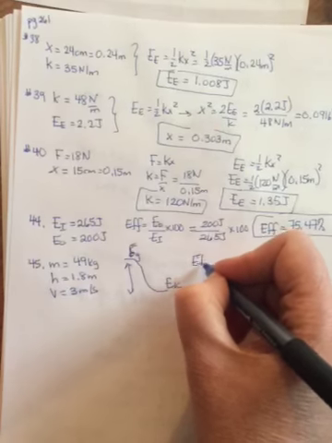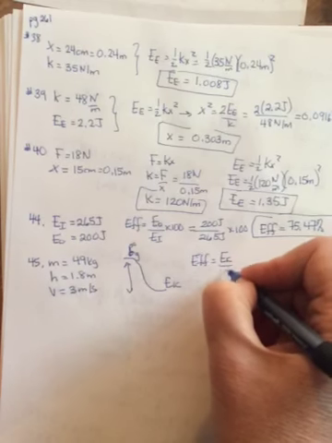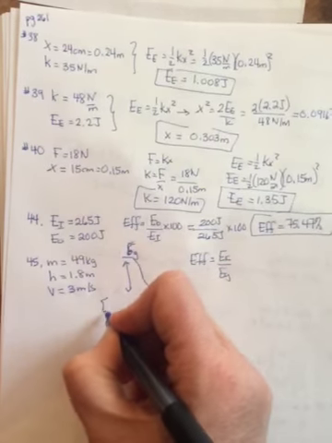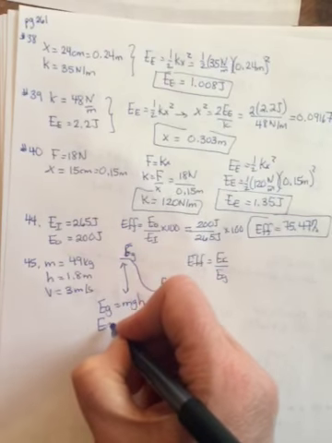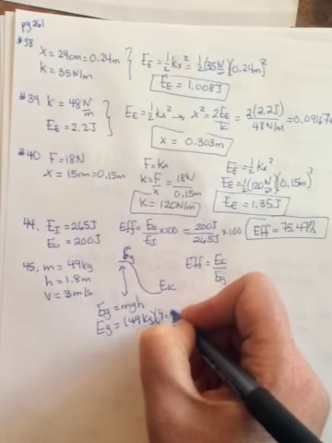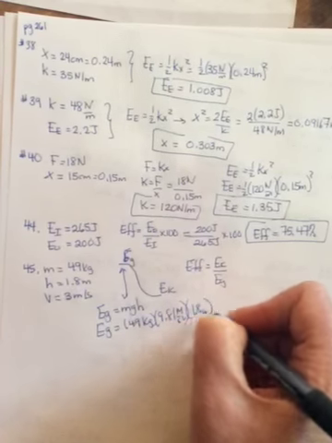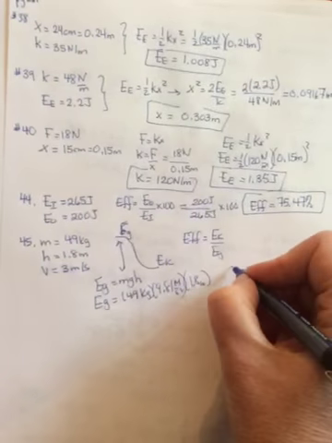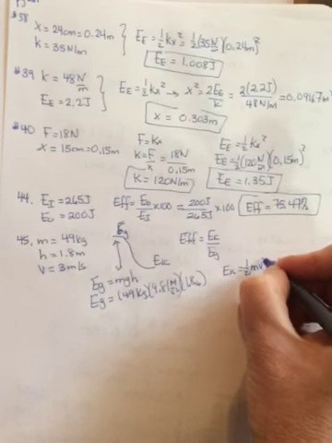So efficiency will just be equal to out, the kinetic, over in. Right? So you can find EG, it's just mgh. So it's 49 kilograms times 9.81 meters per second squared times 1.8 meters. Okay, and then the energy out is 1/2 mv squared.